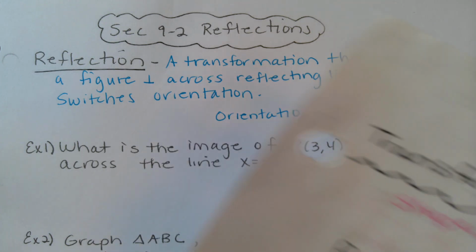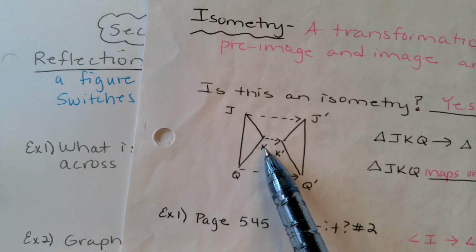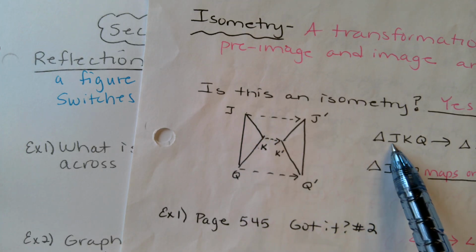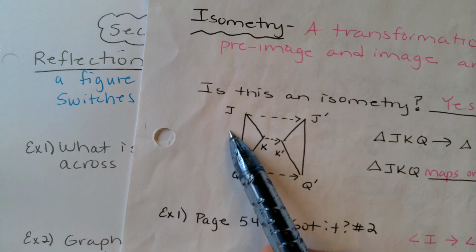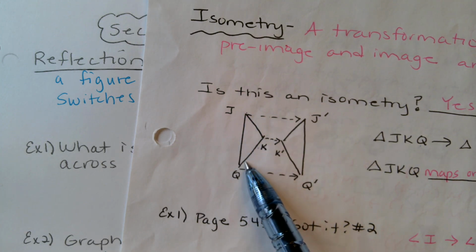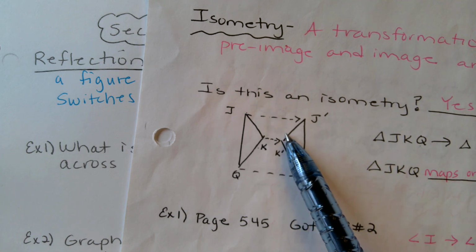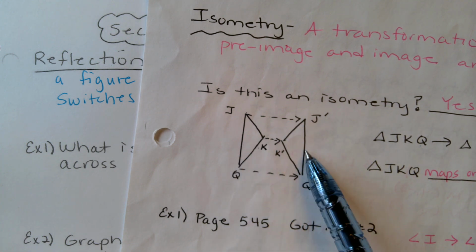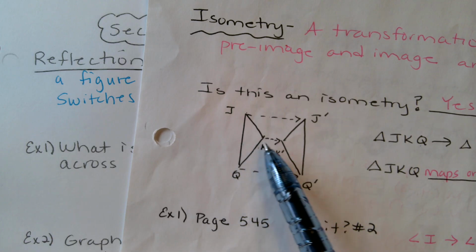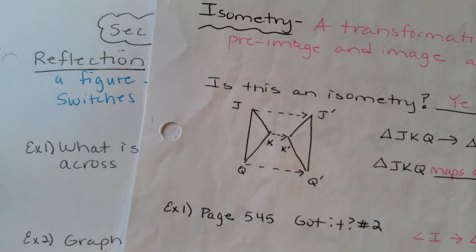So if we look at this one, I'm just going to pull this up right here. If you look at JKQ, we would say this is clockwise. Okay. But when you look at J prime, K prime, Q prime, now it's going this way. So it's counterclockwise. And this is actually a reflection. So that's what they're talking about here, is if one is clockwise, its reflection is the opposite. It's counterclockwise.